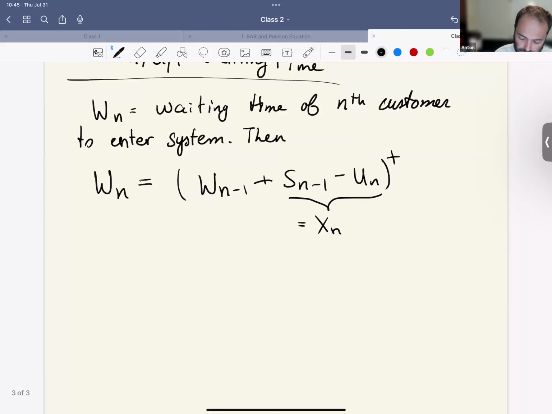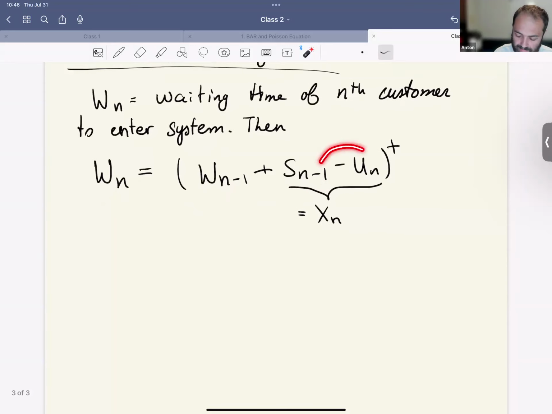Again, if you've never seen this before, I'm not going to go super deep into trying to build intuition on this. I'm counting on people having seen this before. The waiting time of the nth customer, how long will that person wait? Well, as long as the previous customer's waiting time plus the service time of the previous customer, minus the gap in time between the arrival of the previous and the current customers.